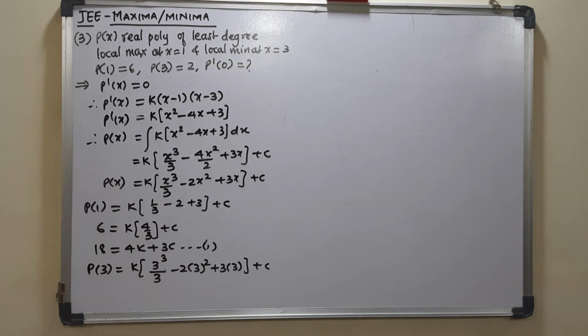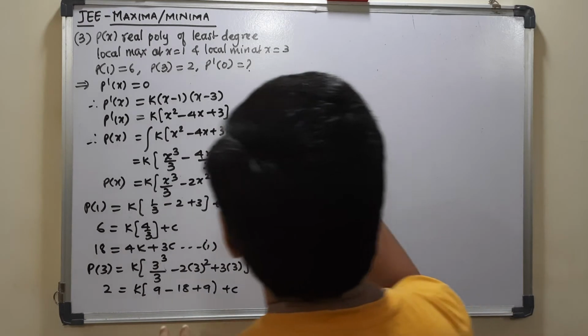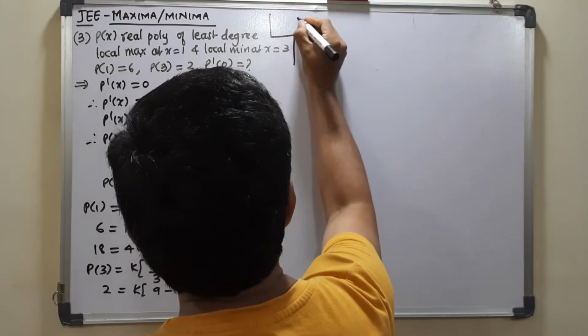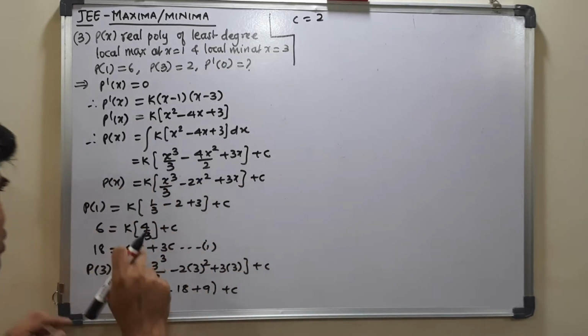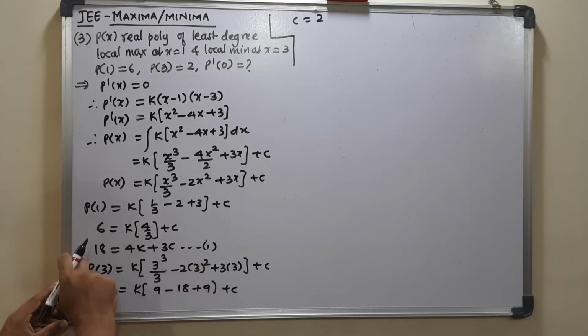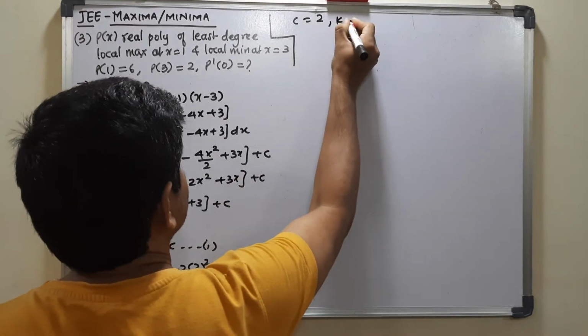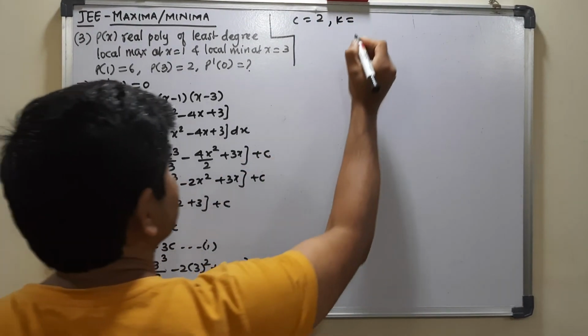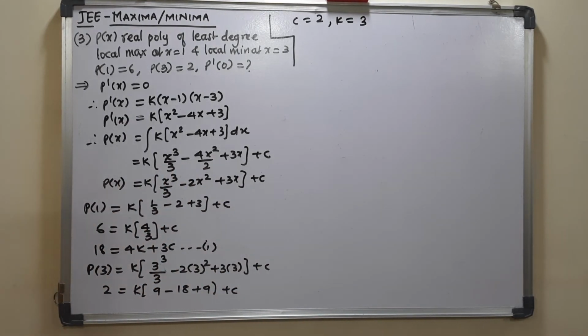So on solving this, we get this, that is 0. Yes. So therefore we get kc is equal to 2, and c is equal to 2, that means 18 minus 6, 12. So 4k is equal to 12, that is k is 3. Okay, so you got your c and k, both you got.